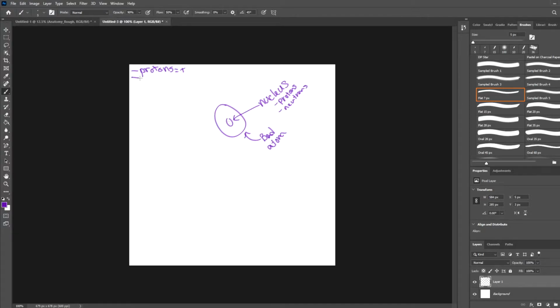Neutrons, think neutrality like Switzerland. Neutrons are completely without charge. They have none, right? And then electrons, which we'll talk about a lot here, have a negative charge.